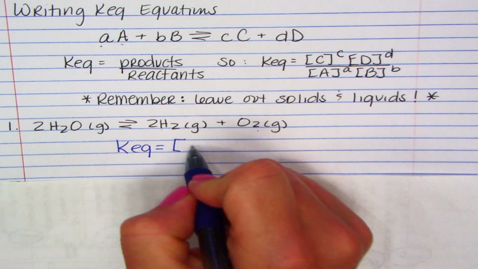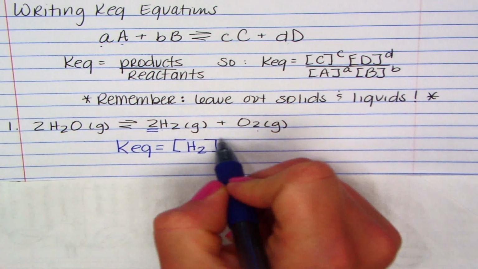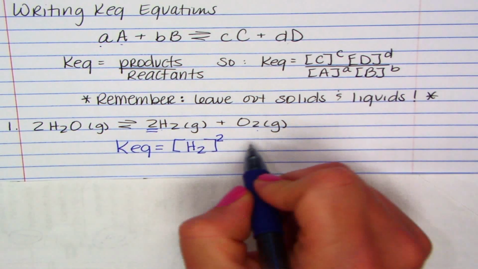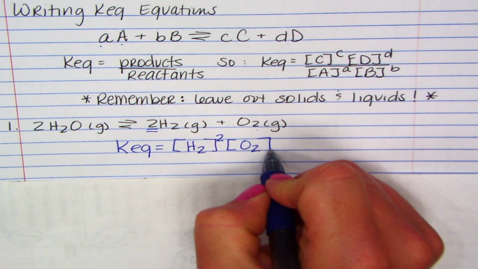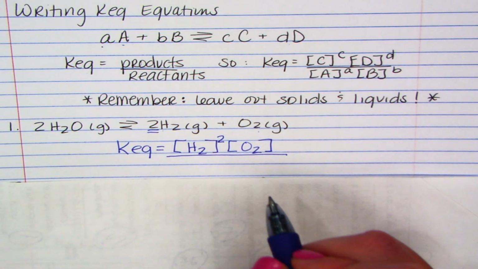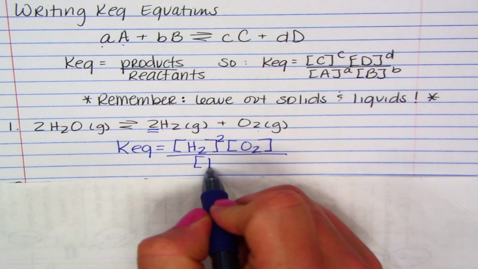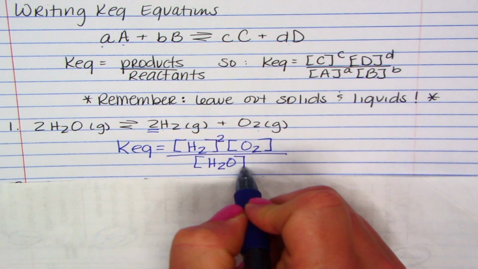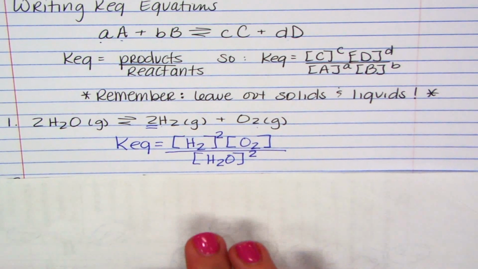So the concentration of H2 is going to be raised to the second because of our coefficient there, times the concentration of O2. There's no coefficient on the O2, so we don't need to raise it to anything, over our reactants. We have H2O with a coefficient of 2, H2O to the second. And that would be the Keq equation for that.